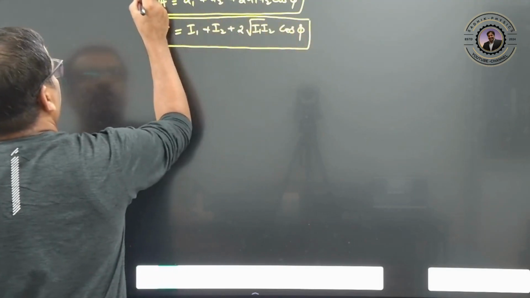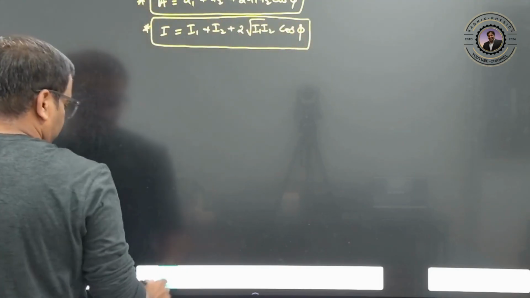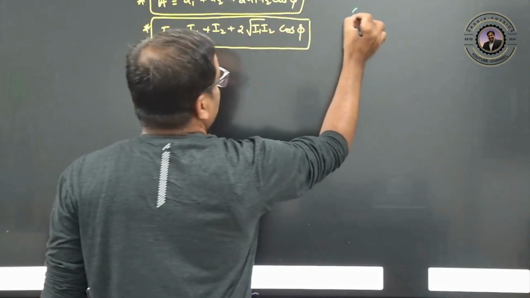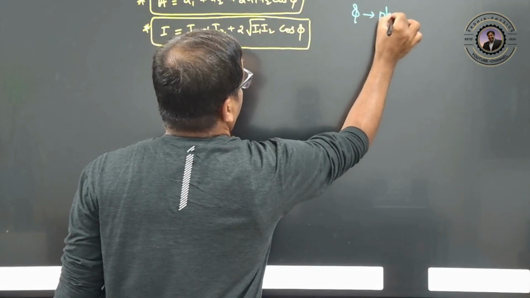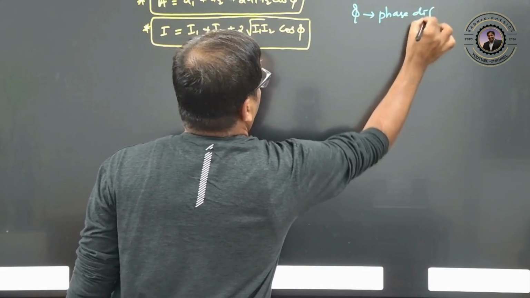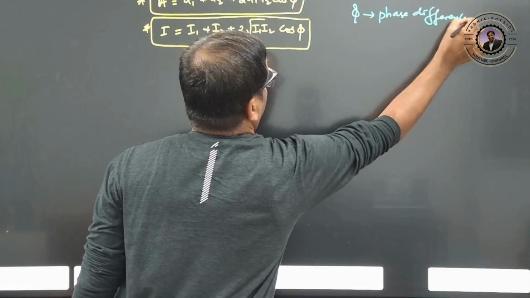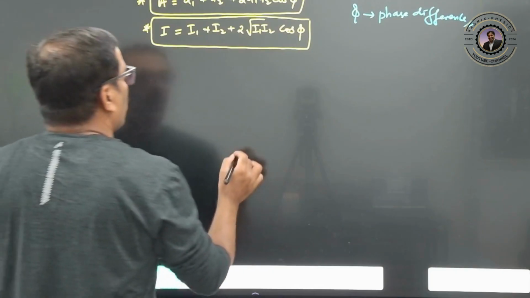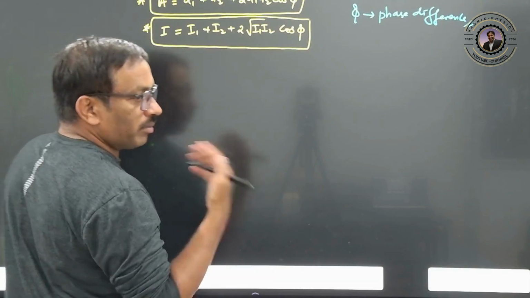This is your amplitude, this is your intensity. Now here, what is this phi? Phi is nothing but the phase difference. Clear? Right. So now we can rewrite it as maximum amplitude and minimum amplitude.